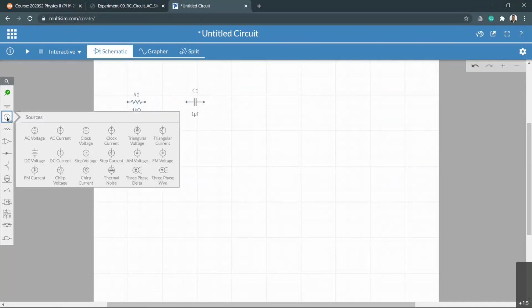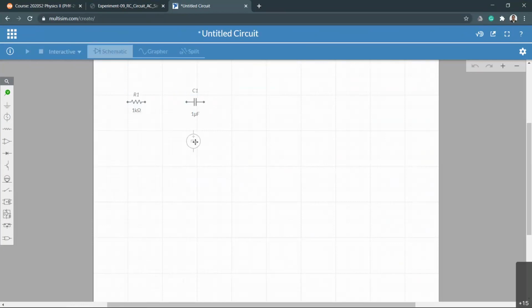When you click this source, we don't need the AC type voltage now. For today we need the clock voltage, this one. It should be a DC type voltage, but we need a clocking on that DC voltage, which means the timing to switch on and off. So bring one of those and rotate it to have the positive towards your left.